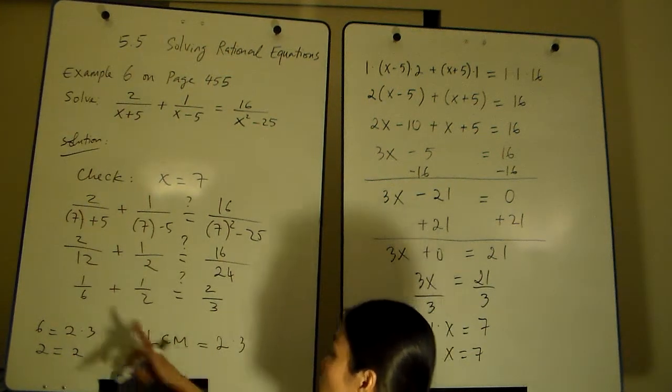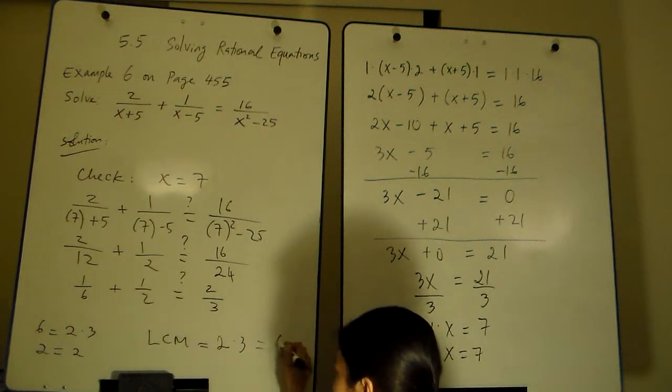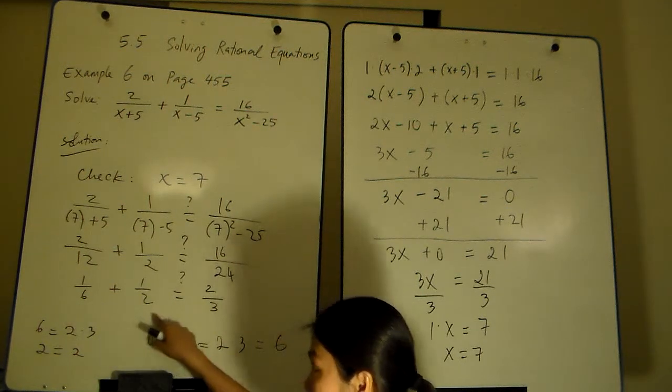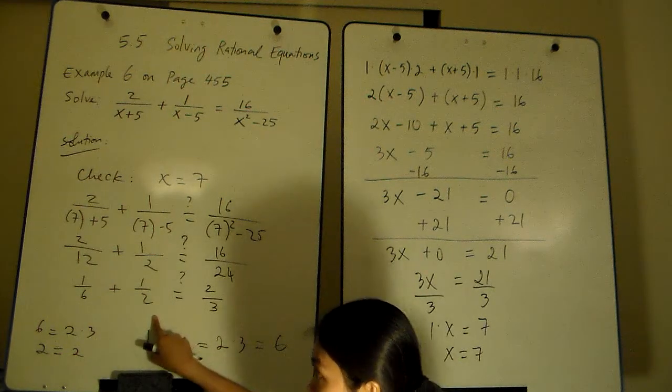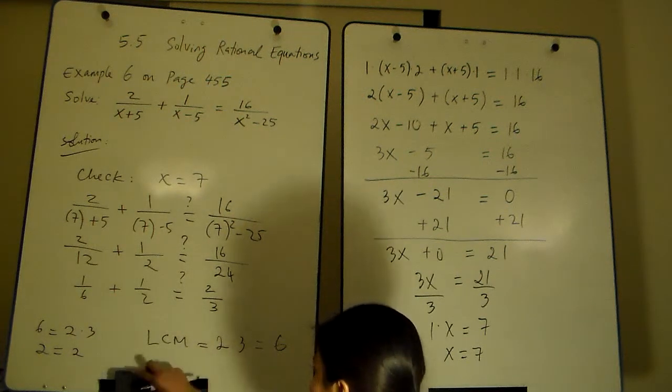So the LCM for 6 and 2 is 6. So to combine these two fractions, I must make the denominator of both fractions 6.